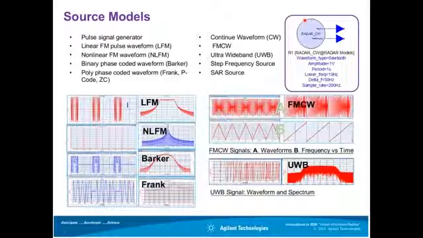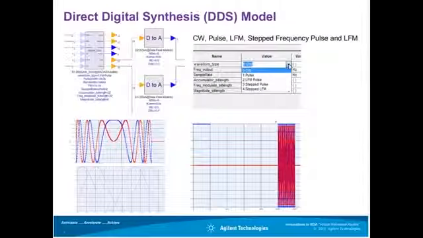And at any time, you can always import your own code into SystemVue and it becomes your own source. Another way to use a source is to combine them and create a complex source.